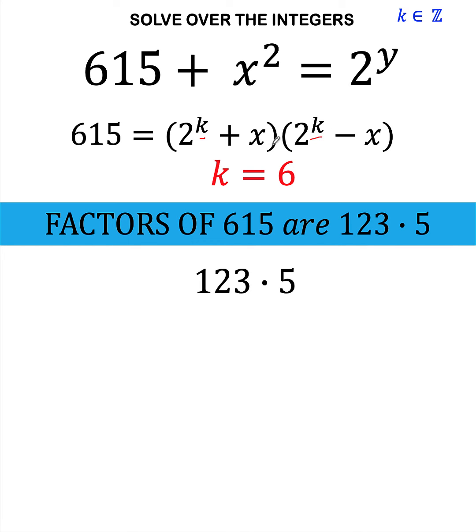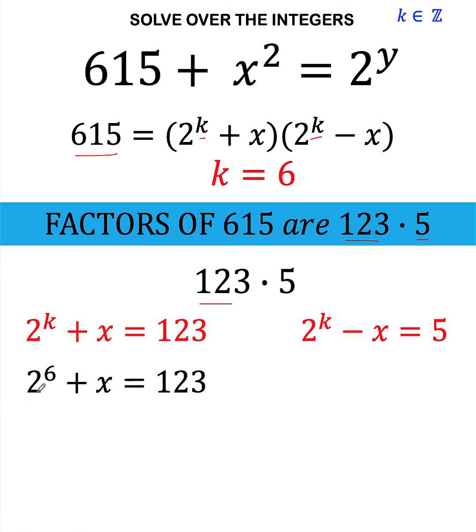We can now find the value of x. That happens when the factors of this 615 are 123 times 5, or 5 times 123. This means that this first factor can be equated to 123, the second factor to 5, and we have now these two equations. k is 6, so let's substitute 6 for k. 2 to the 6th is 64. Copy all the rest.